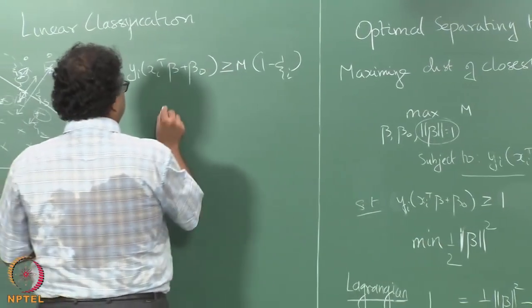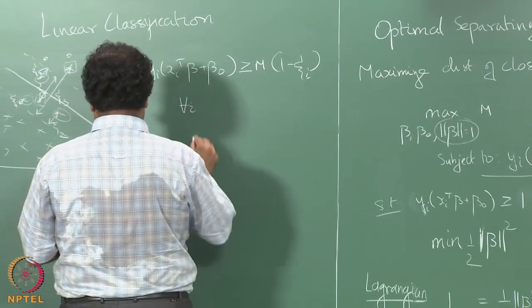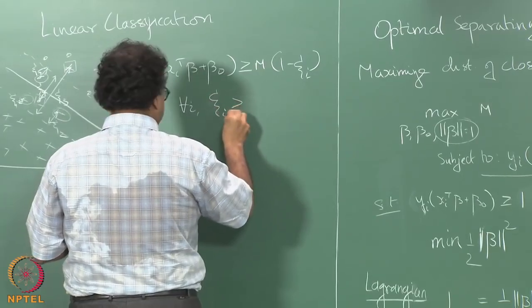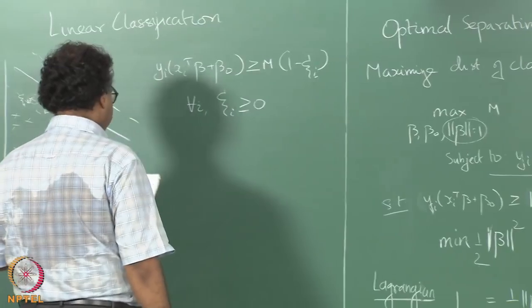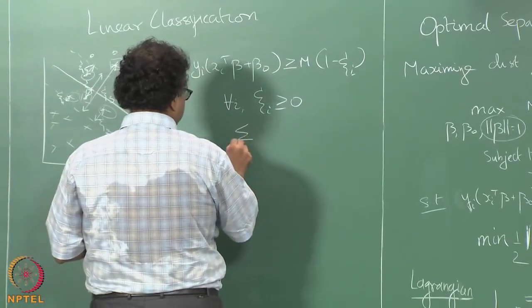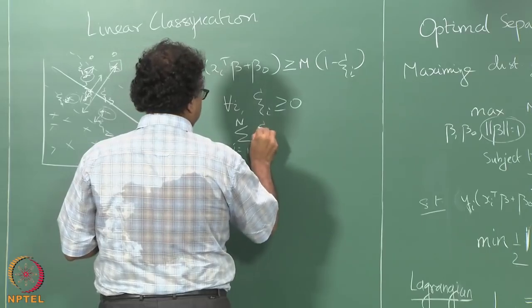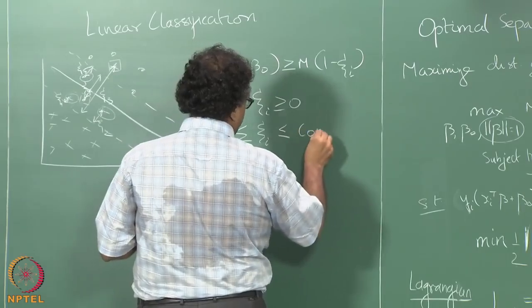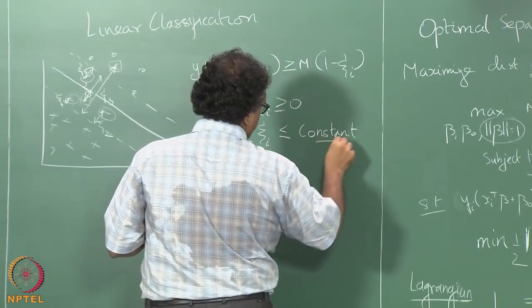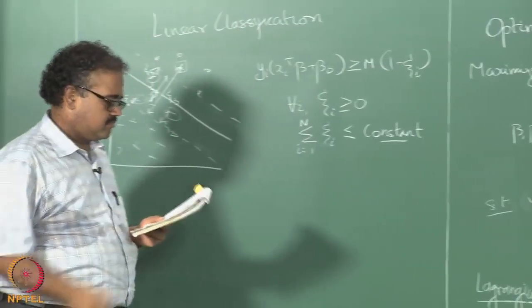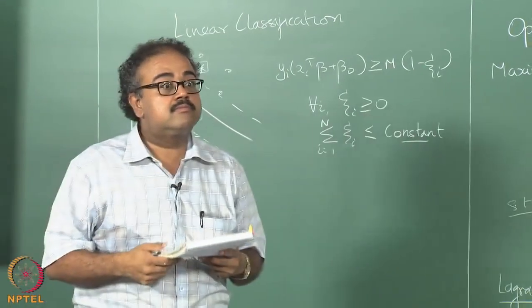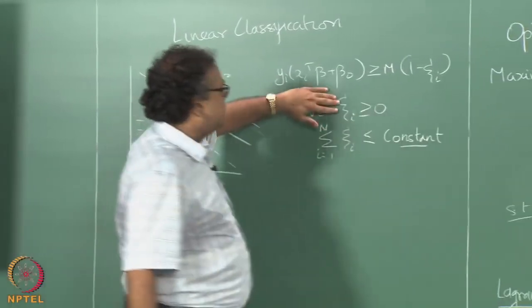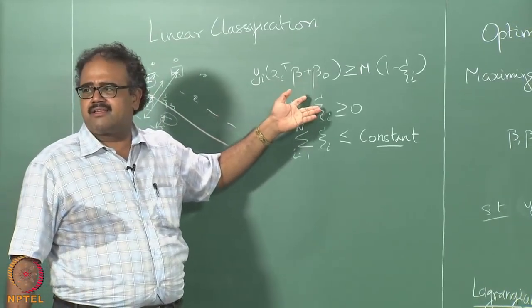So what are the constraints we have? The first constraint is that all xi's have to be greater than or equal to 0.